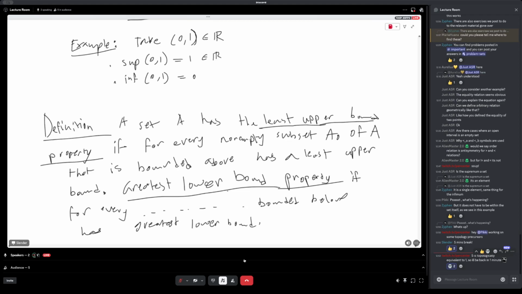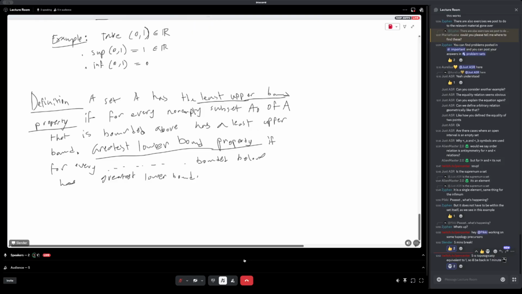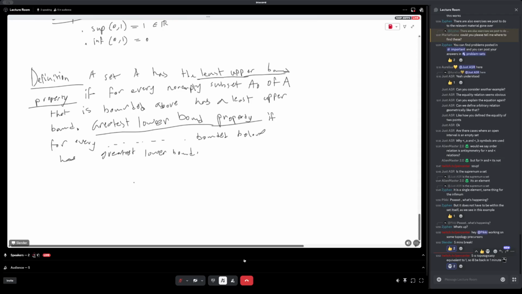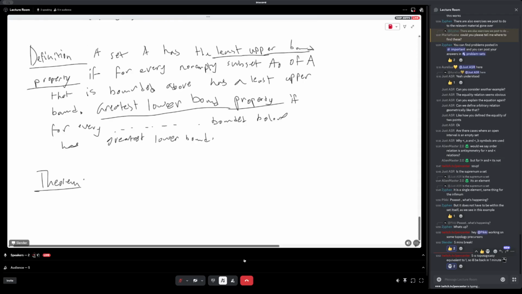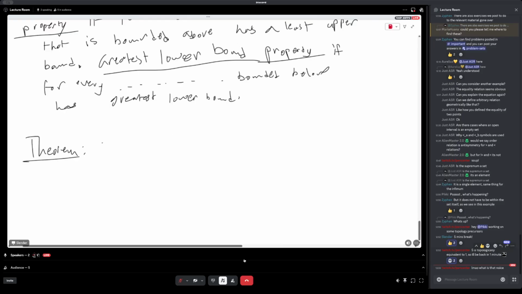So that's our definition. Now we immediately have a theorem to prove. Let A be an ordered set.